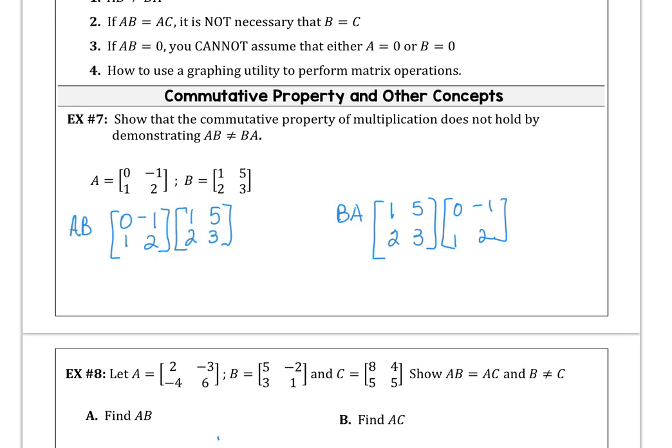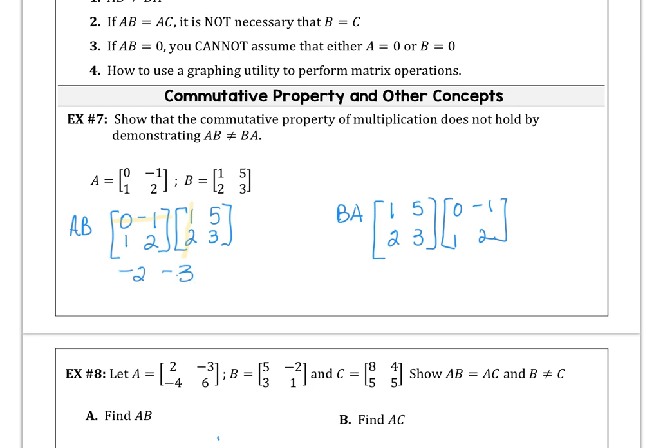I'm going to use my highlighter here to show you that when I multiply the first row in the first column, we're going to get 0 times 1 and -1 times 2. That's going to be -2. And then first row, second column, 0 times 5 and -1 times 3 gives us -3.